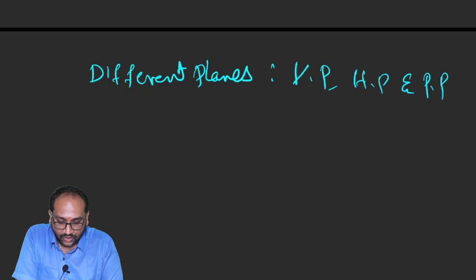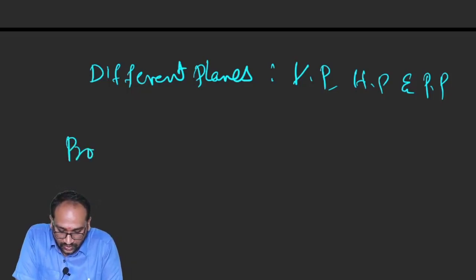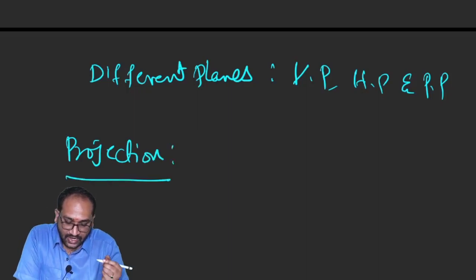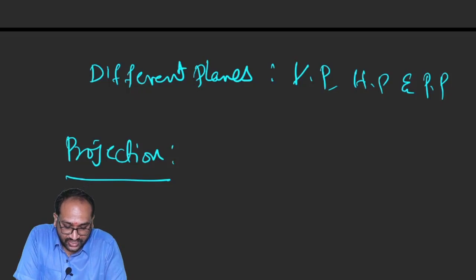Now coming to projection, what is projection? The word projection stems from Latin and was invented by the French scientist Monge in the 18th century. Projection is a Latin word. It consists of two words, pro plus eject.